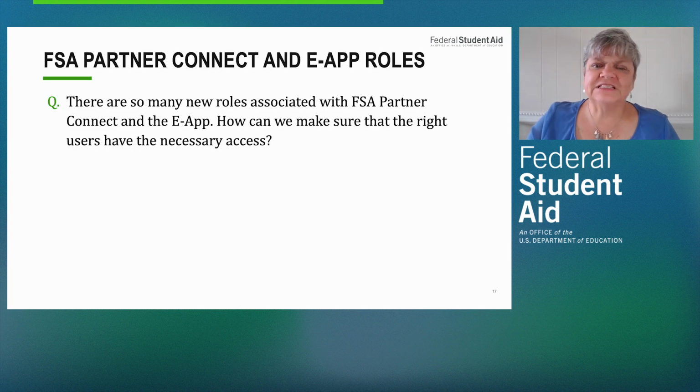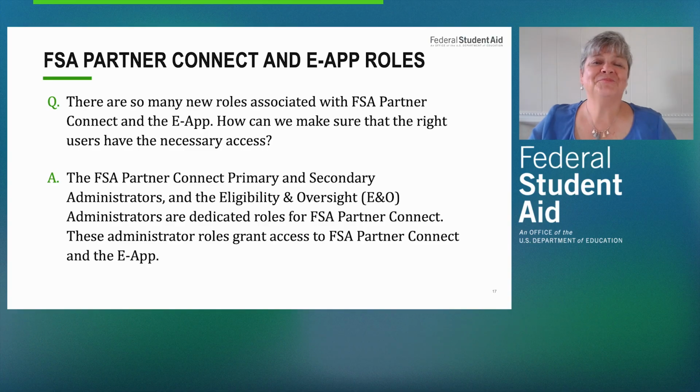First, there are so many new roles associated with FSA Partner Connect and the e-app. How can we make sure that the right users have the necessary access? Well, there are two separate sets of administrators for two different systems.